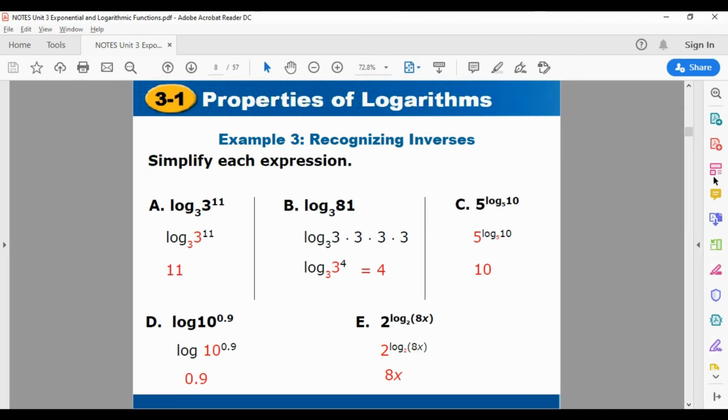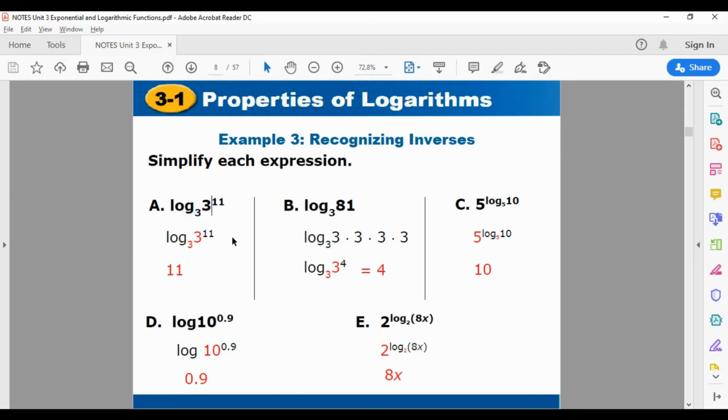Inverses just state that a logarithm with a particular base of a number of the same base results in just the exponent being the answer. This is the case for A, B, and D. You can see that for A, this is log base 3 of 3 to the power of 11.